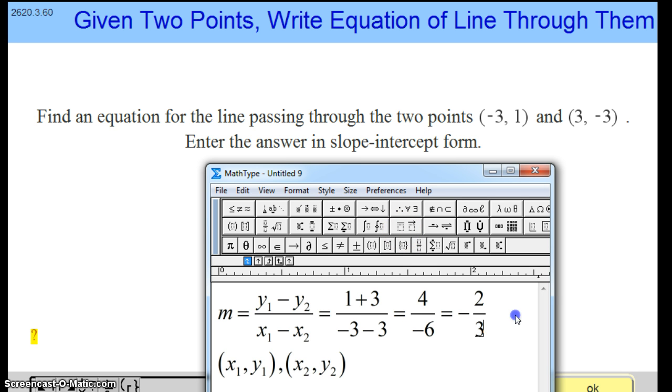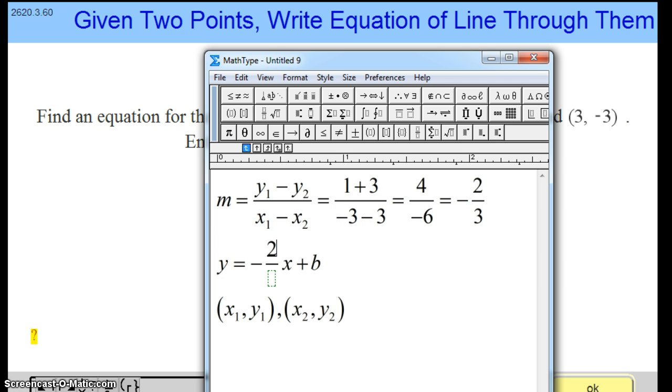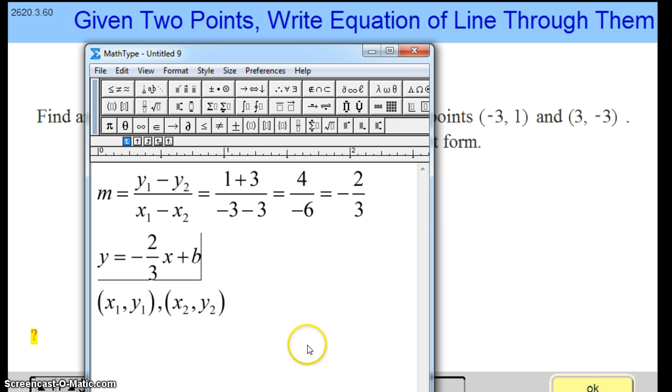And for slope-intercept form, we need something y equals mx plus b, where b is the y-intercept. So far we have y equals mx plus b, and we can fill in m, and that's -2/3. And now we need to solve for b. And the way to solve for b is to plug in either of these points, or any point on the line, in fact, and solve for b.